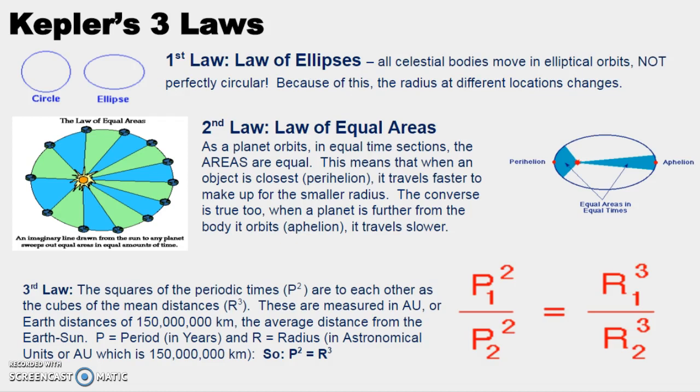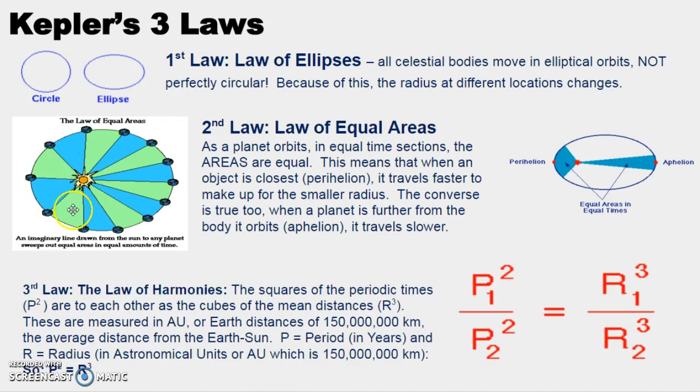So let me start. If you can imagine each of these alternating colors as being pizza slices, all of them have the same area covered in the same unit of time. If I go from this location to this location, this is supposed to be like little Earths orbiting the sun.